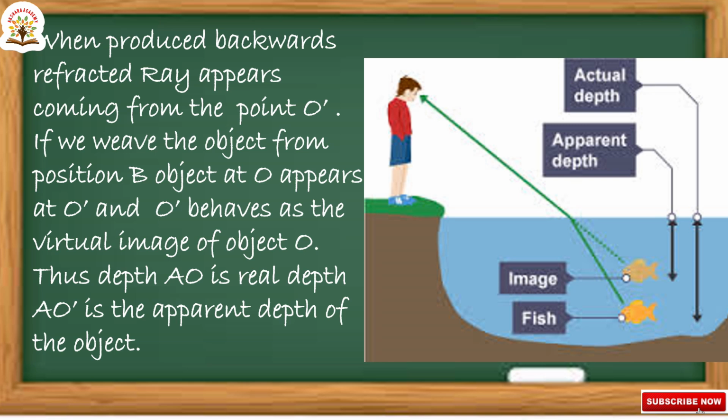Based on refraction, it looks like an image of the fish. Actually this is the place of the fish, but whenever we observe from the rarer medium to the denser medium, we see the image of the fish. So this is the real depth and apparent depth. It is raised a little bit because of refraction.